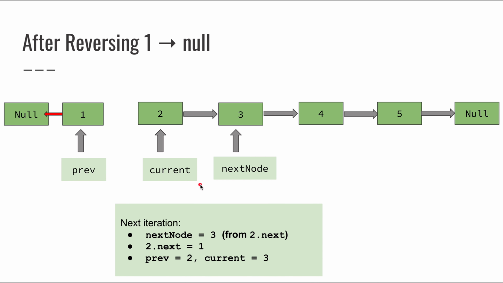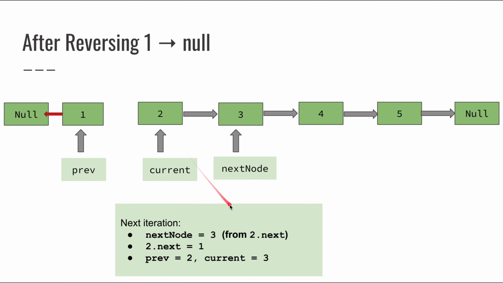So this is the current, right? And from here we have the next node. So next node will be stored here. So how will we get this from here? 2 dot next, because current was at 2.